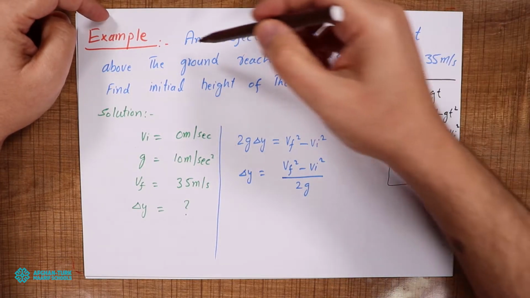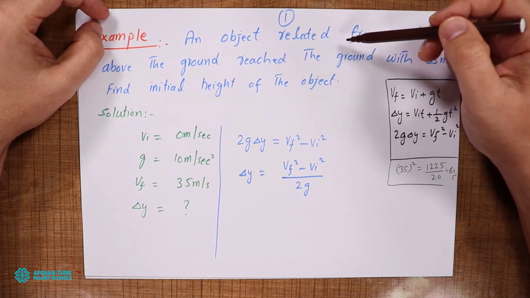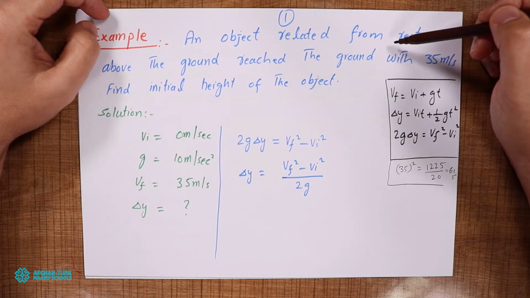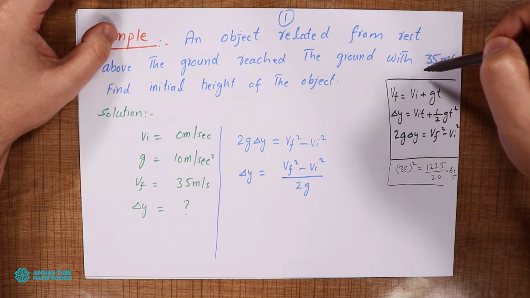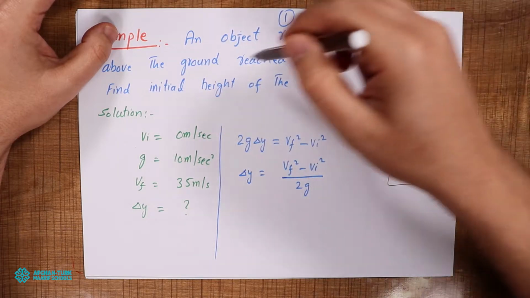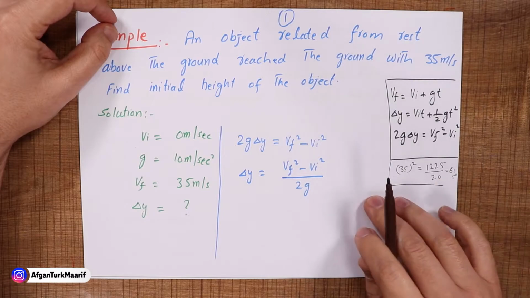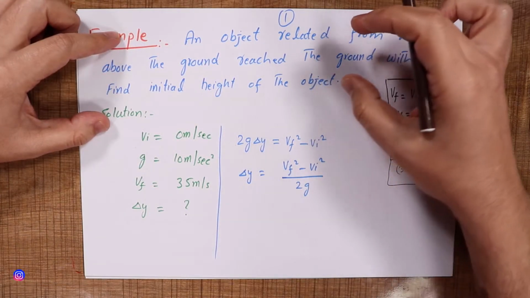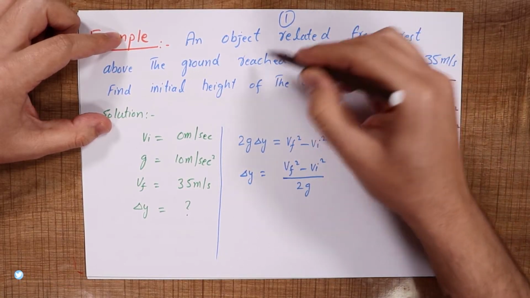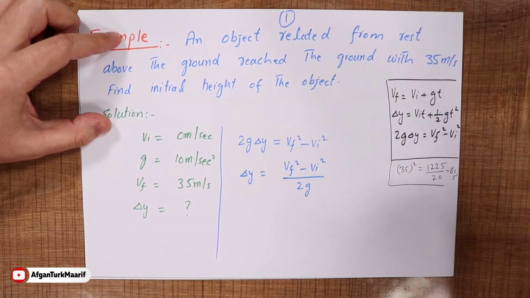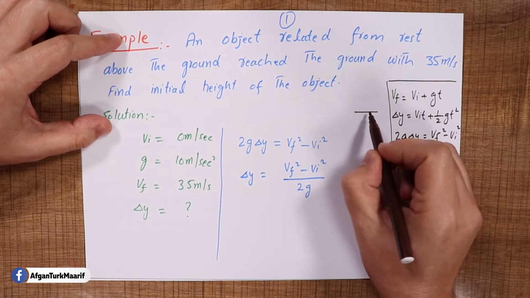In the first example, they said an object released from rest above the ground reaches the ground with 35 meter per second. Find the initial height of the object. How can we draw the graph of this whole subject? They ask that we have one object.